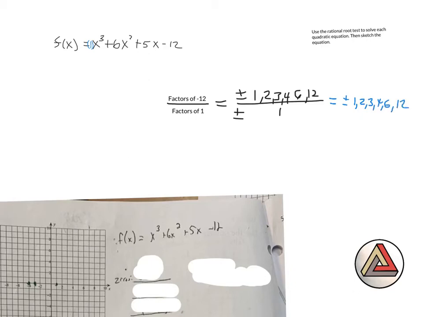Now let's make sure we're totally clear about what this means. What this means is that these are possible rational roots. Rational, hopefully my student at home understands, means that it's certainly not an imaginary number.